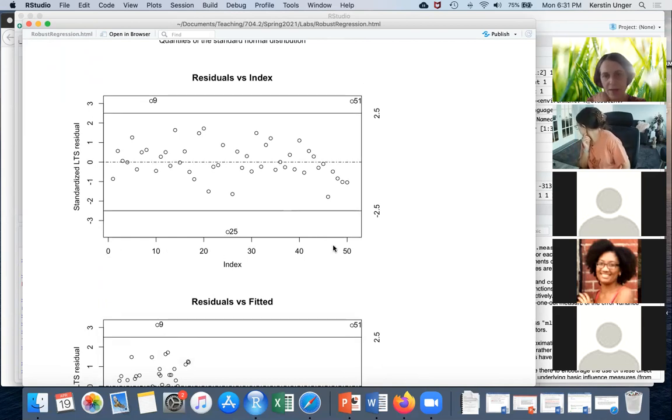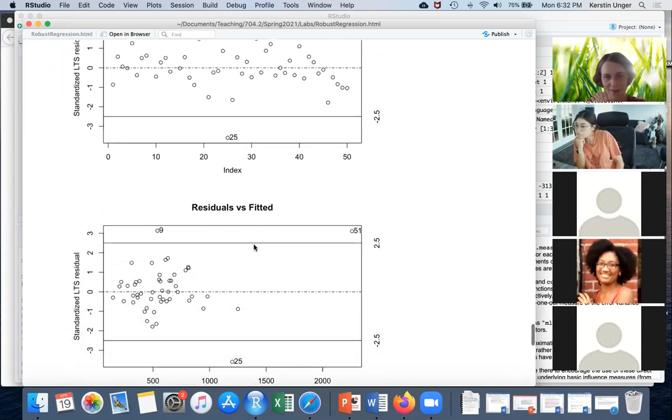You have your index, which is just your case numbers, and then it plots the standardized LTS residuals, that is, least trimmed squares residuals, against those index numbers. We see 9, 25, 51, right? The ones that are clearly marked as problematic here, as before.